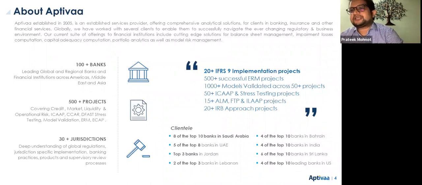Since the time IFRS 9 has come in, we have done 20 plus IFRS 9 implementation projects where we have not only provided consulting but also automation services across different jurisdictions in Middle East, in Africa, and in Europe and Americas. If you talk about our model validation projects, we have done 1,000 plus model validation projects with 50 plus ICAAP and stress testing projects across the globe.